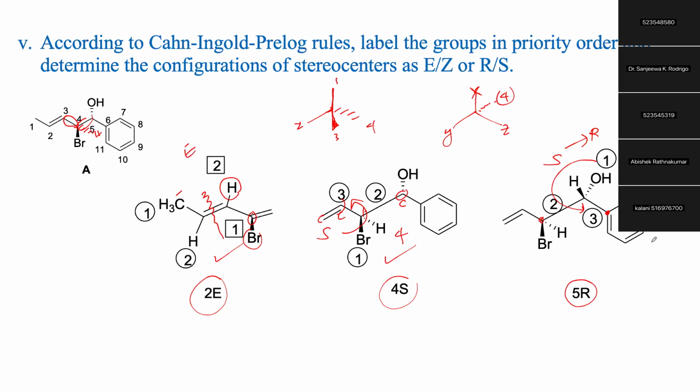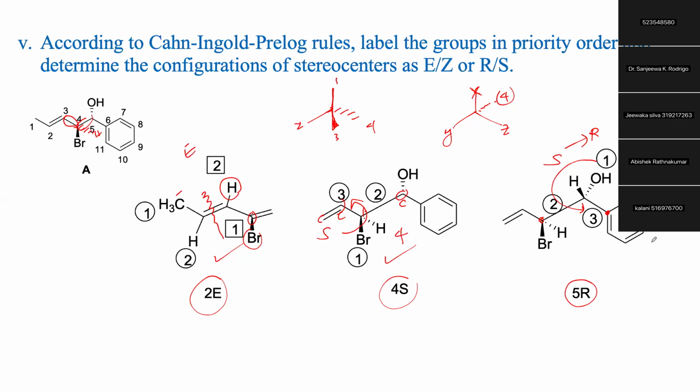Then you can figure out the stereochemistry. But I think this is less confusing: if the least priority group is coming towards you, you figure out the stereochemistry as you see it, then you invert that. So that's simple. Okay, that's how you get it.